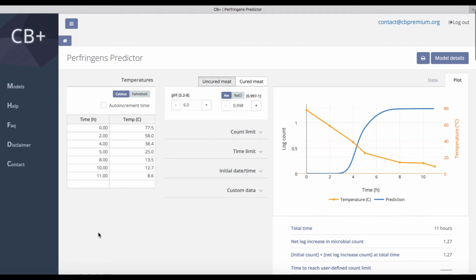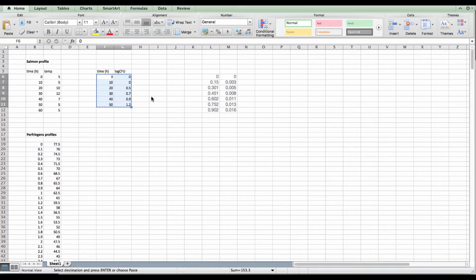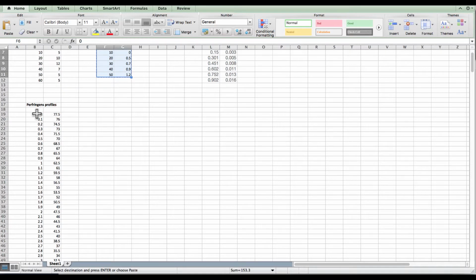The model functions similar to others described earlier in this video. However, there is no static temperature version since the model was specifically designed to help food companies meet USDA requirements for meats that are cooled in a dynamic temperature profile.